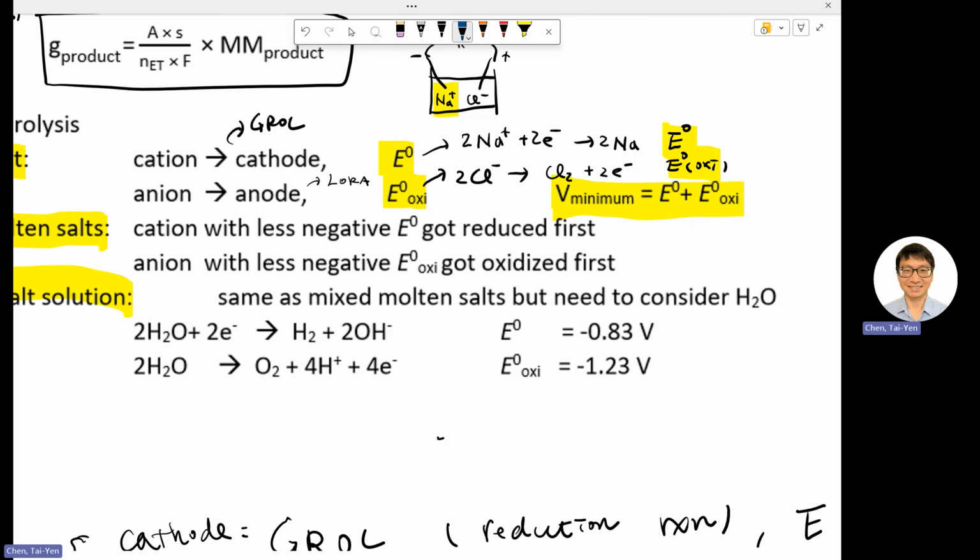I also want to emphasize that even though we multiply by 2 here, your reduction potential and oxidation potential are intensive properties. Despite multiplying by any coefficient, the values won't change. So to calculate the minimum voltage you will need is simply the sum of these two. All right, so that is the first and simplest condition that you are going to check.